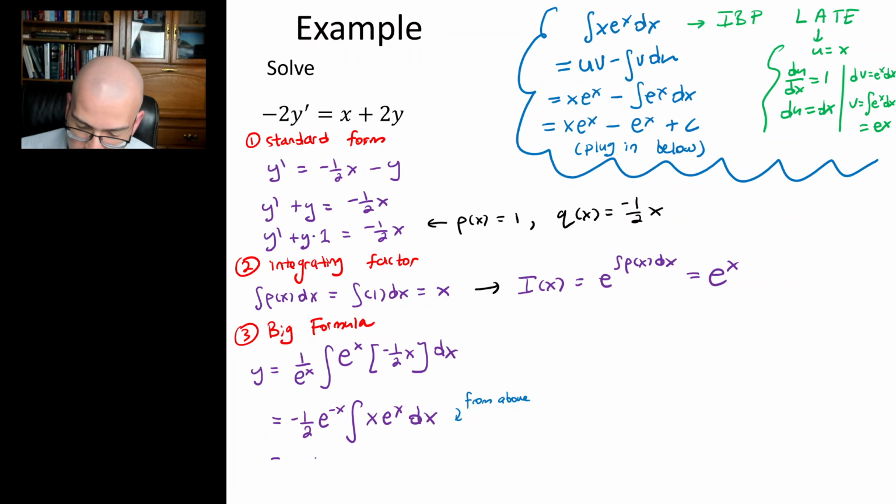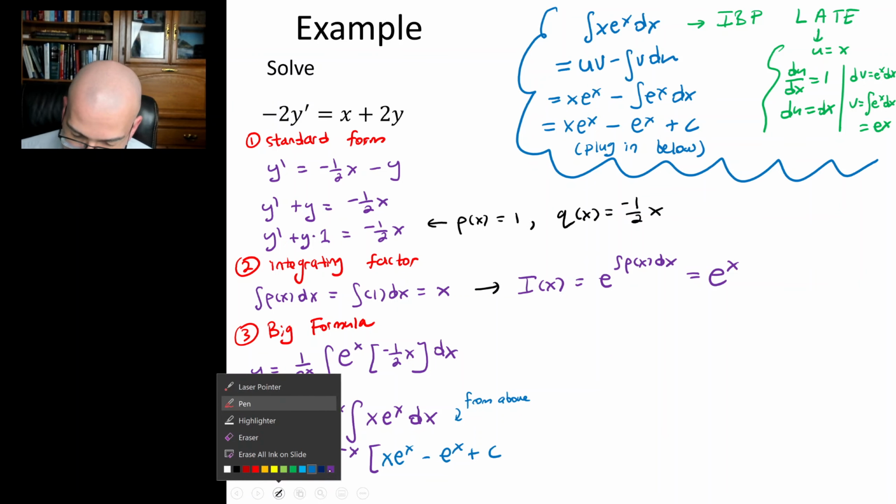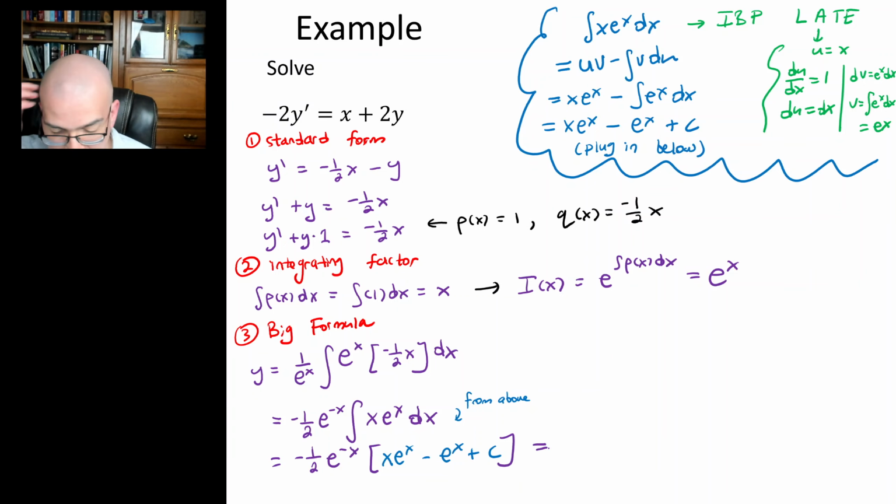Okay, so we have minus 1/2 e to the negative x times the solution we just got over there: x e to the x minus e to the x plus c. And we expand all that into the bracket.